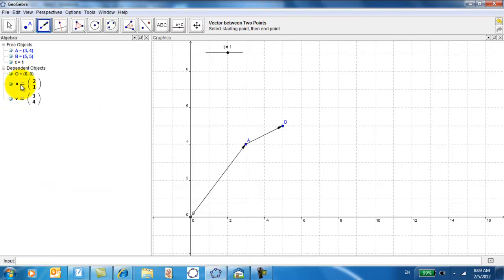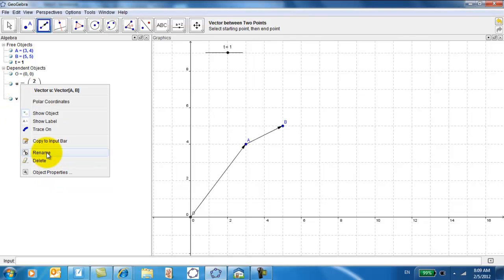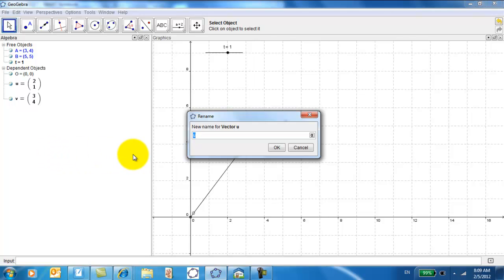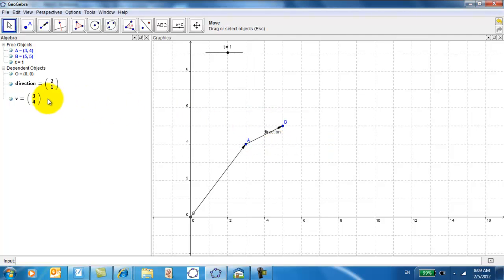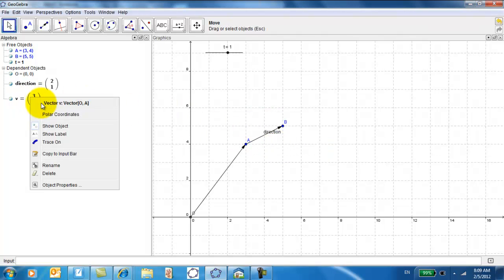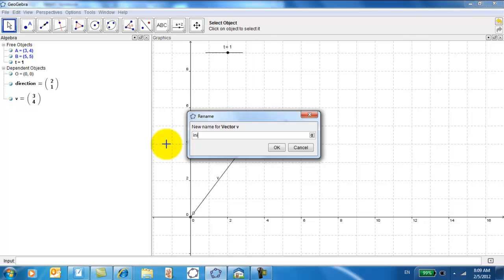Instead of vector U, let's call it our direction vector. And V, this is our initial position.